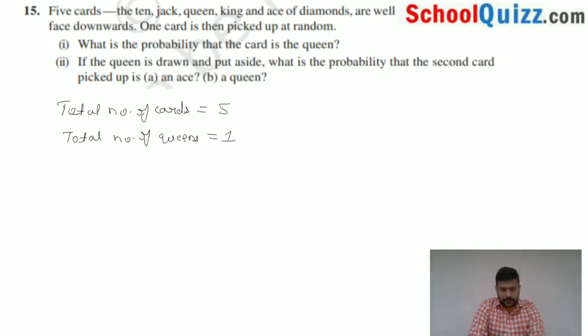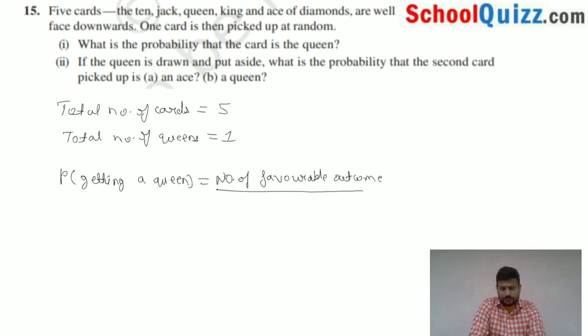Now probability of getting a queen is equal to number of favorable outcomes upon number of total possible outcomes.